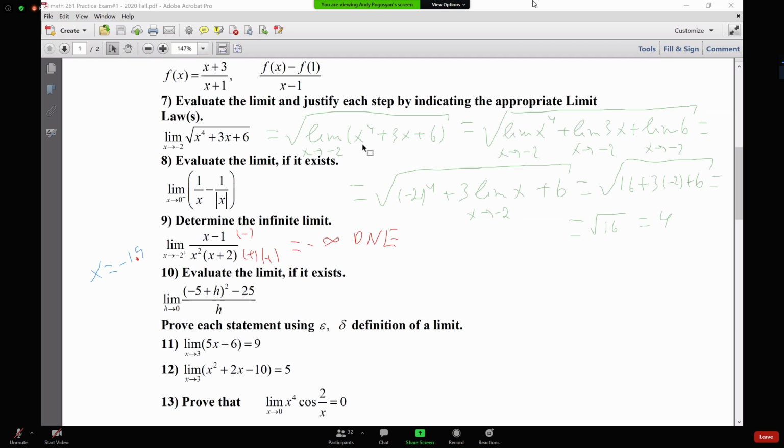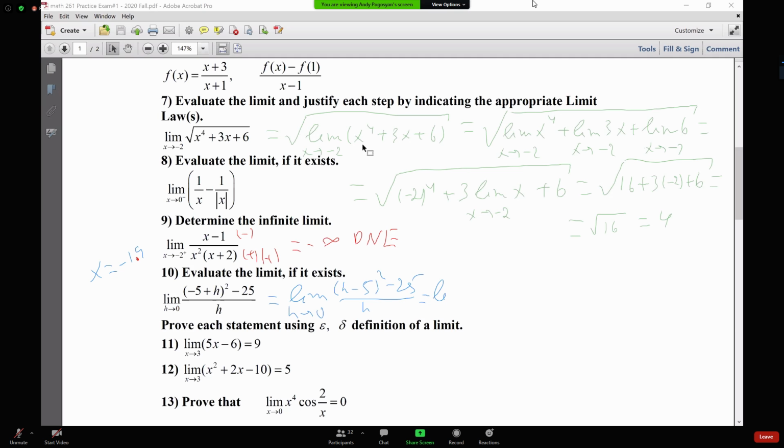Okay, 10. Evaluate the limit if it exists. Now, if h goes to 0, the numerator is 0 and the denominator is 0. So that means h should be a common factor. Just square the numerator. If you're having trouble, write (h minus 5) squared minus 25 over h, as h approaches 0.